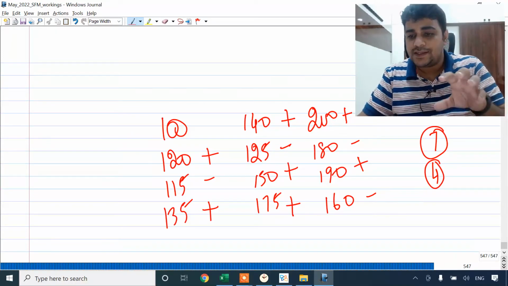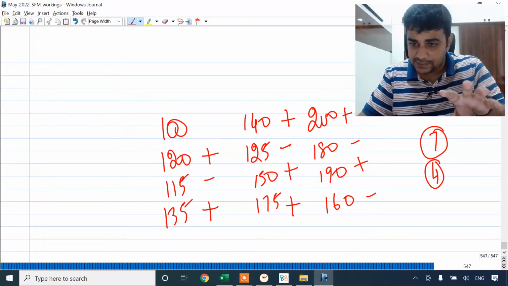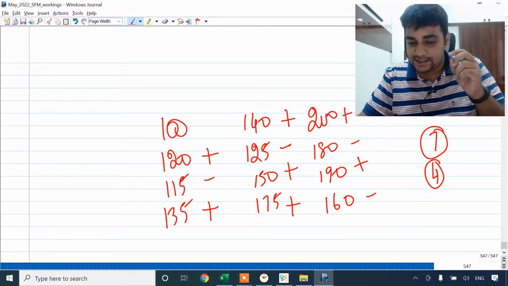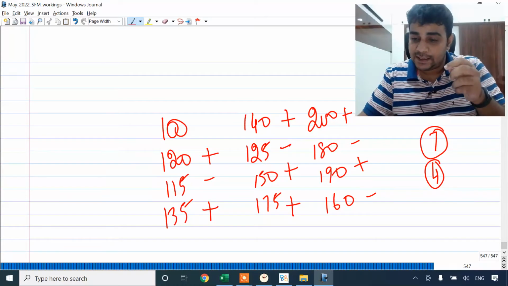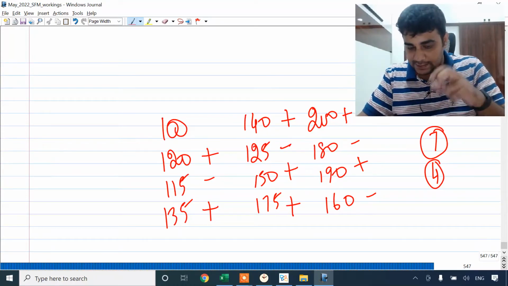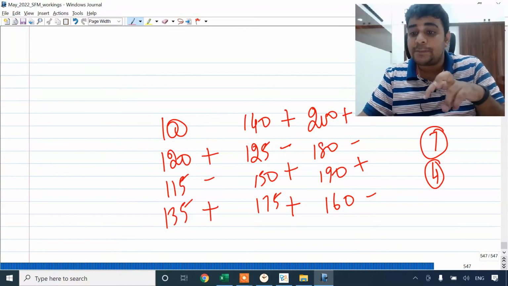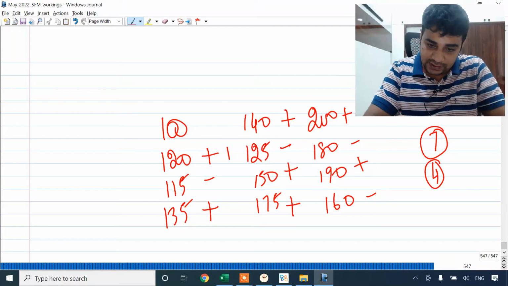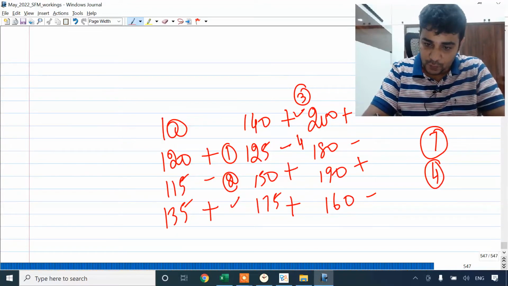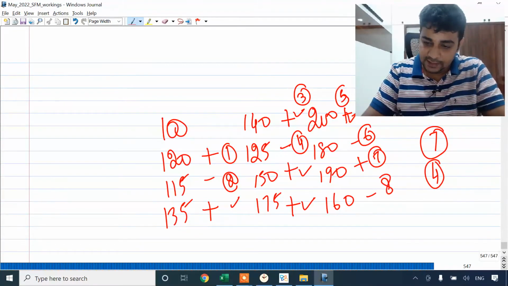Now, what this run test is basically trying to say is how many series of changes have happened in the price. That is from plus going to minus and from minus going to plus. If plus and plus continues, then it is not a change in direction. So the first run, second run, this and this together is the third run, fourth run, this together is the fifth run, sixth run, seventh run, eighth run.